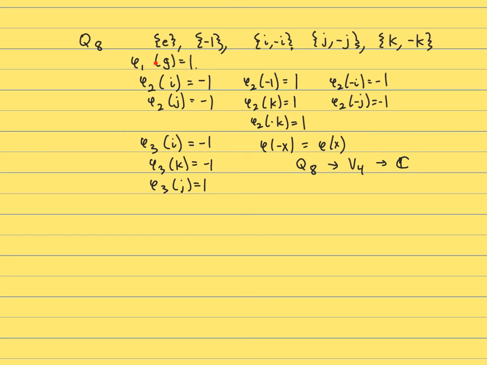The one that sends everything to 1, the one that sends one of the elements to negative 1, the other element to negative 1, and the third one, which has to be the sum of the first two, has to be 1. And so that gives us Q4 of I is 1, Q4 of j is negative 1, Q4 of k is negative 1. So from this homomorphism, we get 4 one-dimensional representations of Q8.